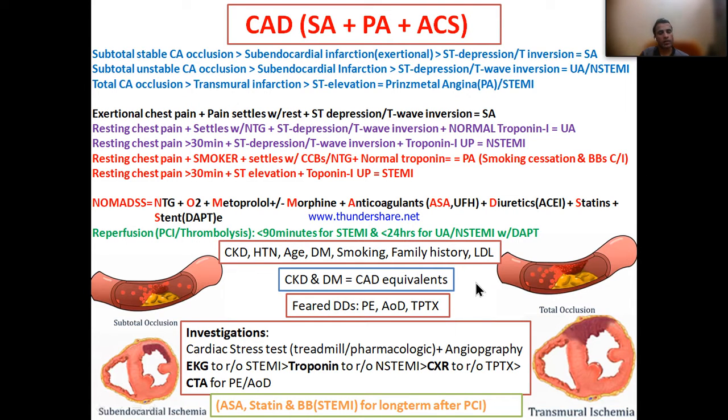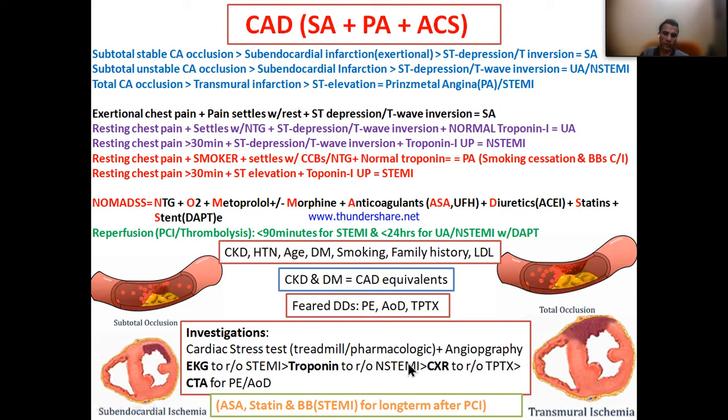Now you are in a hurry, okay? You have to be very quick in performing the angioplasty. So you have to prepare the cath lab, and take the patient to the cath lab in order to perform the angioplasty, okay?